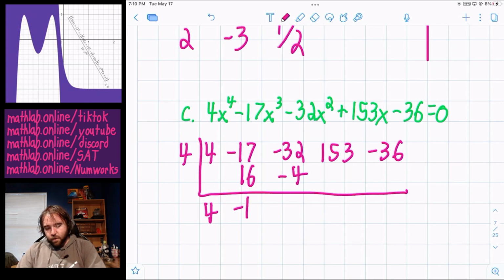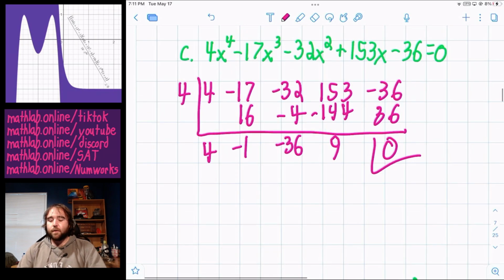Negative 4, negative 36. 4 times 36, actually another one. Anyway, 4 times 3 is 120. 4 times 6, 24. So that's negative 144. 153 minus 144, 9. 4 times 9, 36, 0. Nice.